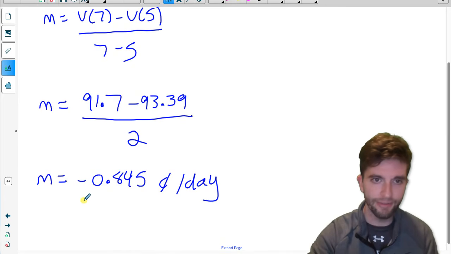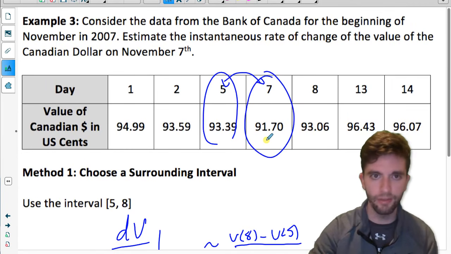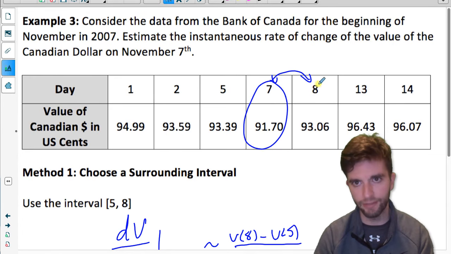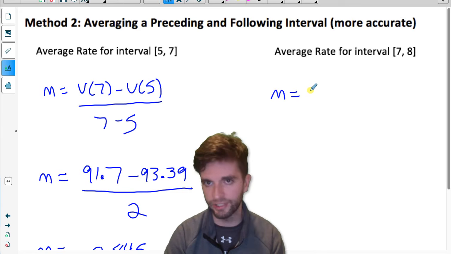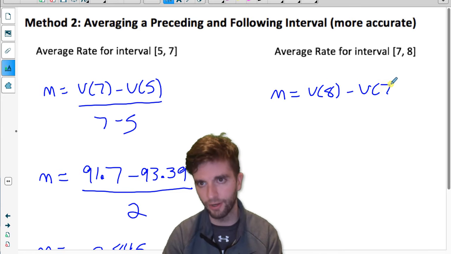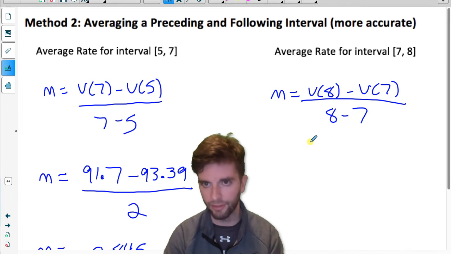Let's see what's happening after November 7th. So from November 7th to November 8th, let's find the average rate of change between those 2 points. So the average rate of change would equal the change in the values. So I'll do the value on November 8th minus the value on November 7th divided by the change in time, so 8 minus 7.